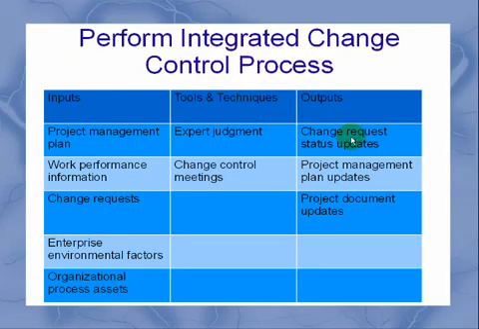The outputs of this process are the change request status updates, project management plan updates, because whenever you have a change request, you need to update your project management plan, and also the project document updates.